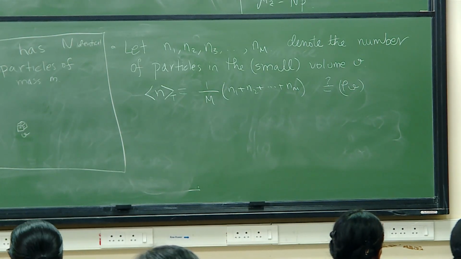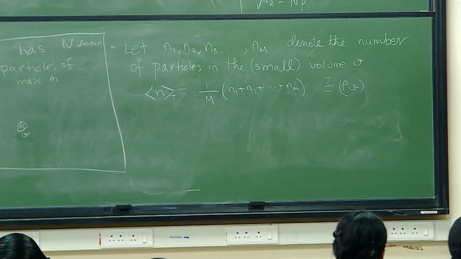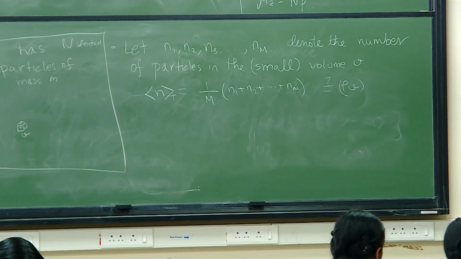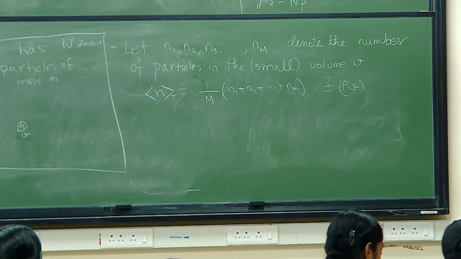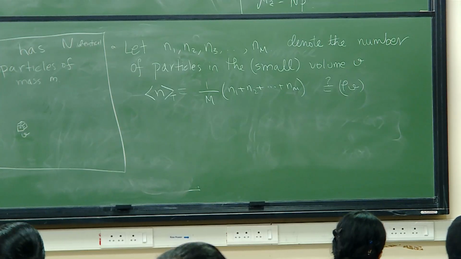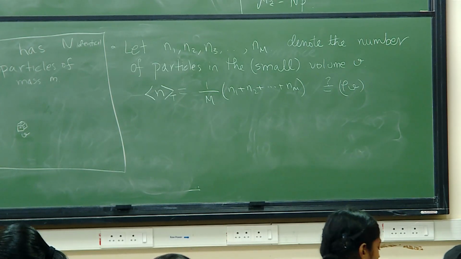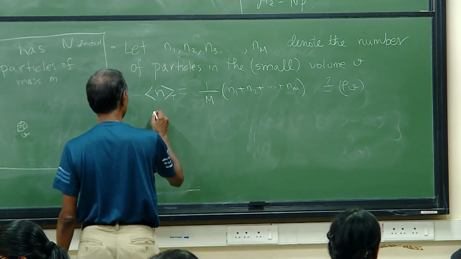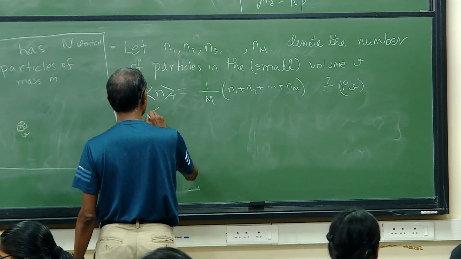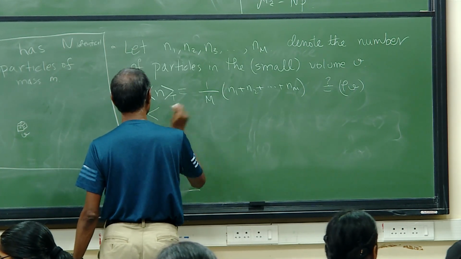Now I'll ask you, what about the standard deviation? What should it be? We can define it from statistics, and you can go ahead and do the same thing we would have done. I won't do this.